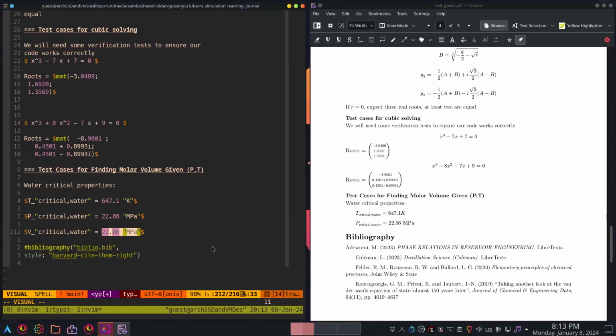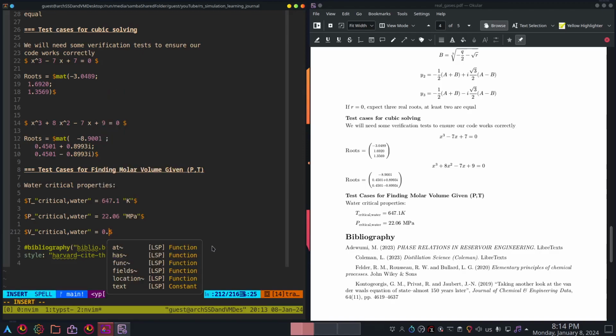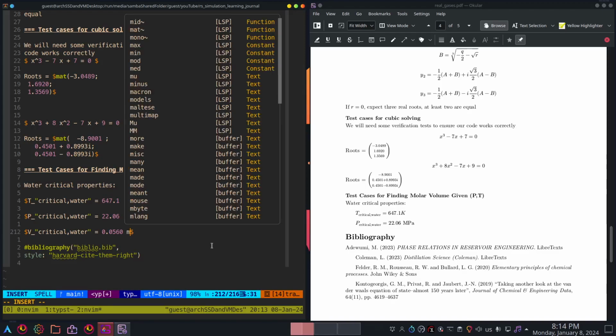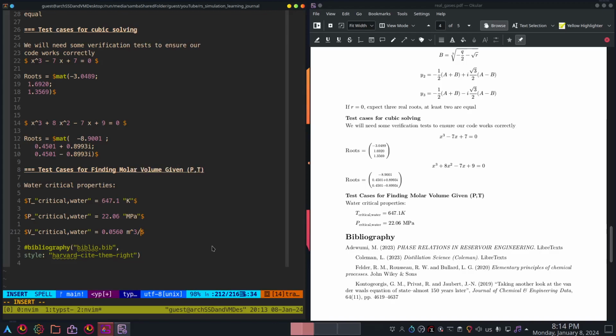So the critical temperature is 647 Kelvin, critical pressure is 22.06 megapascals, and the critical volume is 0.0560. And here are the units: cubic meter per kilomole.